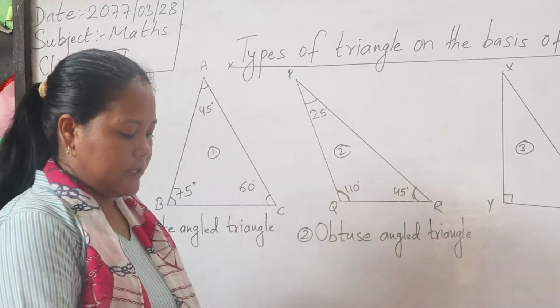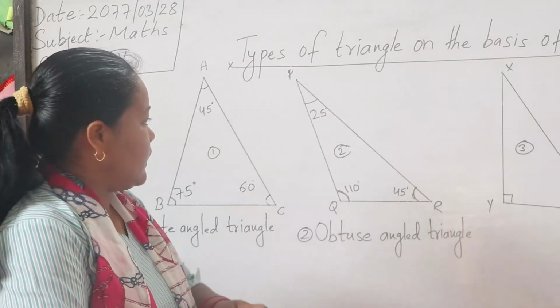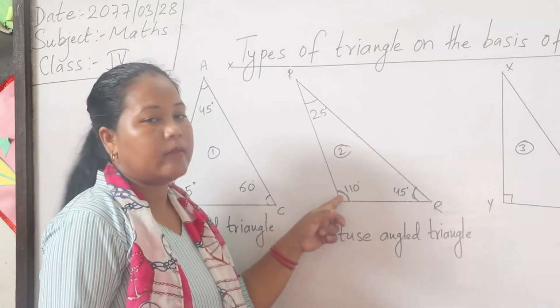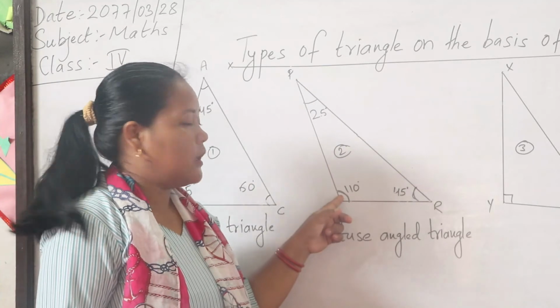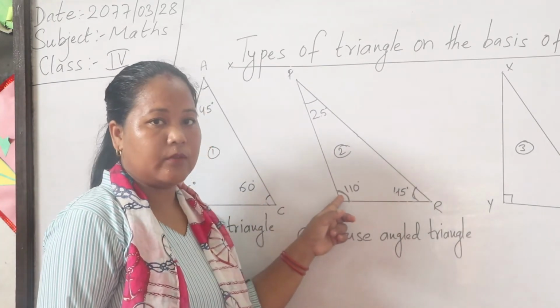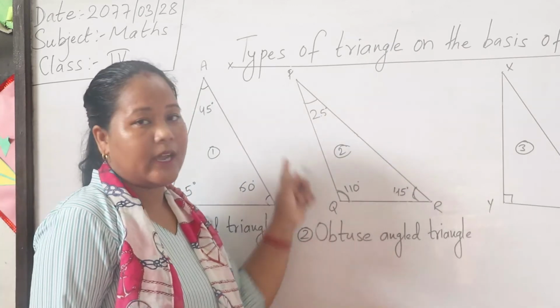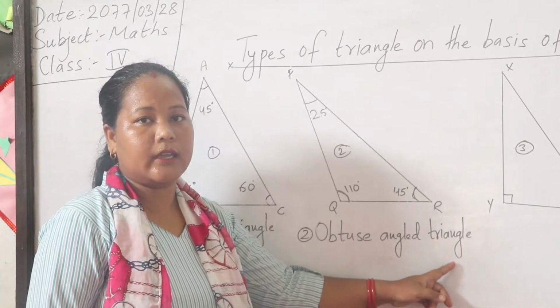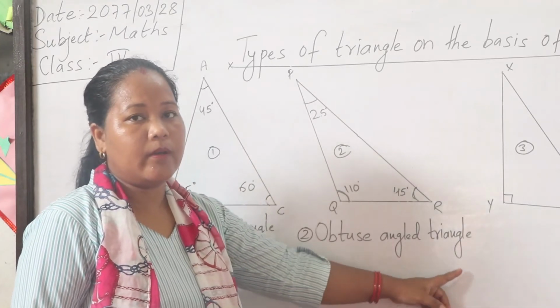Okay students, let's see. If in the triangle one of the angles is more than 90 degrees, or an obtuse angle, then we can say that triangle is an obtuse angled triangle. Okay, any problem?